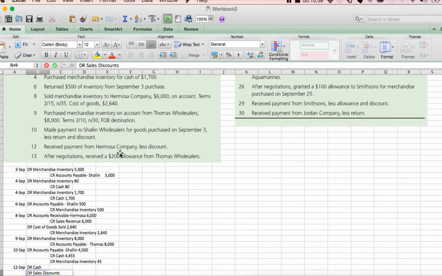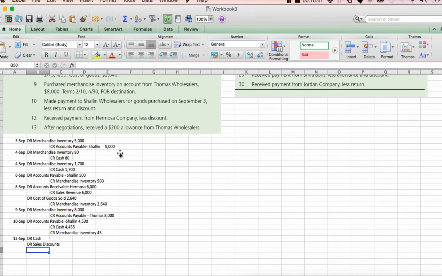I'm putting the account titles in here just so we have them down before we actually calculate this out. And a credit to accounts receivable, Hermosa, and that was for $6,000. So we know that the accounts receivable is going to go down by $6,000 because that's what it takes to cancel that completely out.